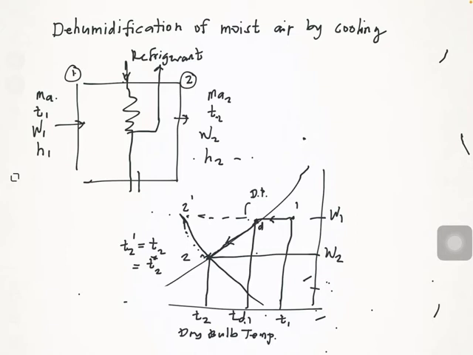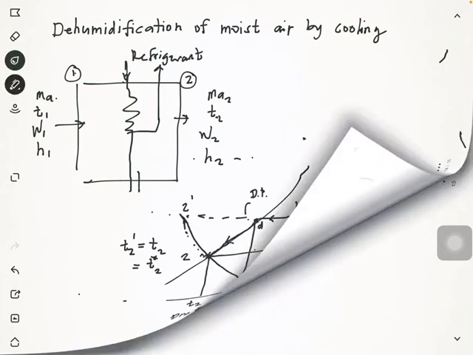Thus, the steady flow energy and material balance equations are, you can write the equation through material balance, or the steady flow energy.